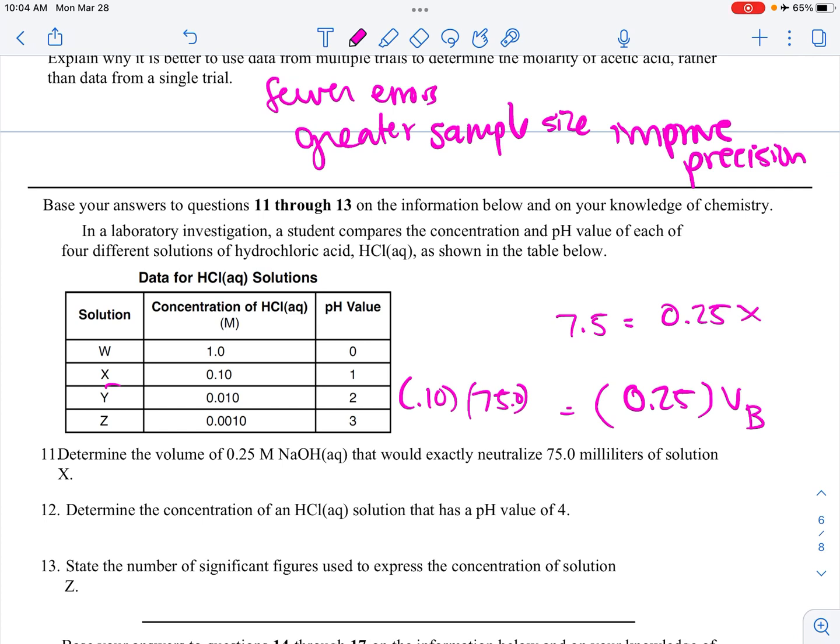So divide both sides by 0.25, and I got 300. That's not what the answer key says. Where did I screw it up? The answer key says 30 milliliters. However, I got 300. Let me check this again. 0.1 times solution X, yeah, 75. 7.5 divided by 0.25. Oh, now I got 30. I'm just a fool. It is 30 milliliters.